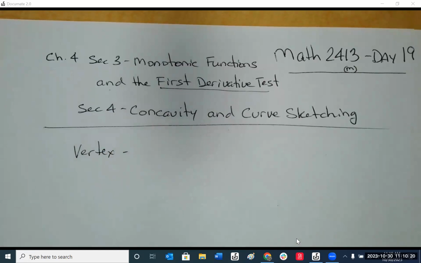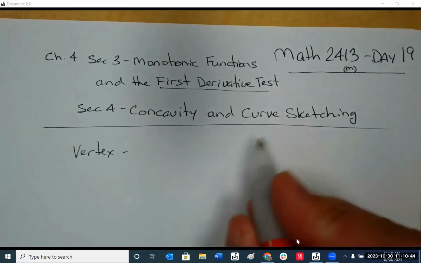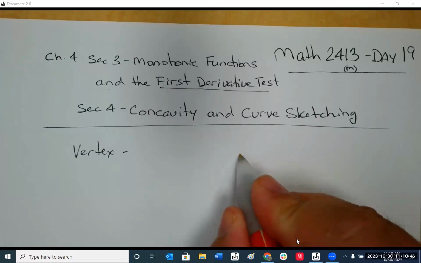You just need to find the x value. Yes, but what x value? What exactly is a vertex? It's the point, the lowest point.